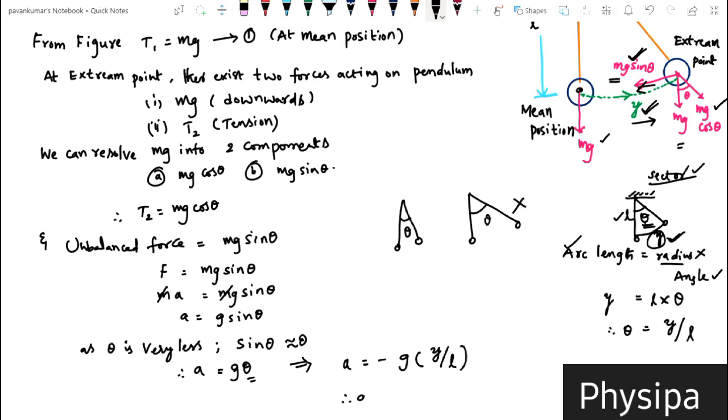This same expression can be written as A is equal to minus g by L into y.